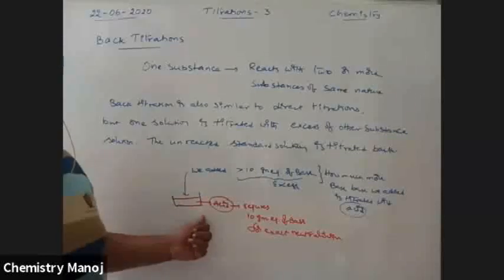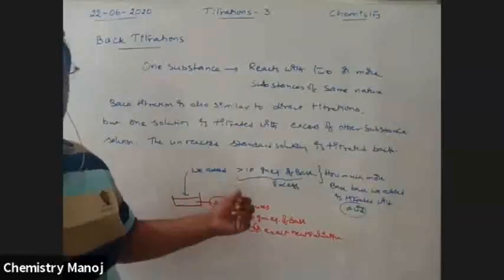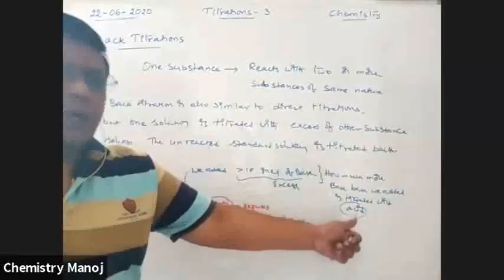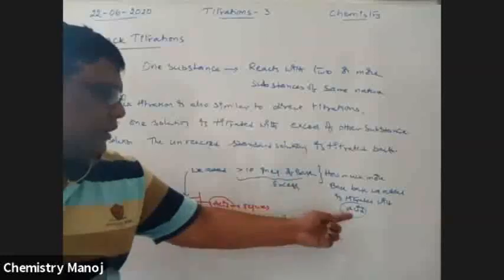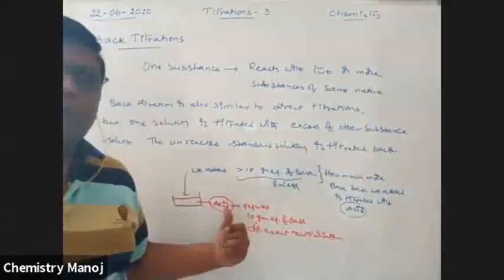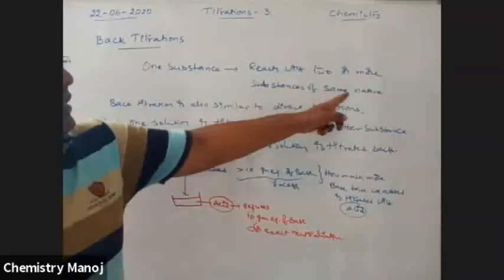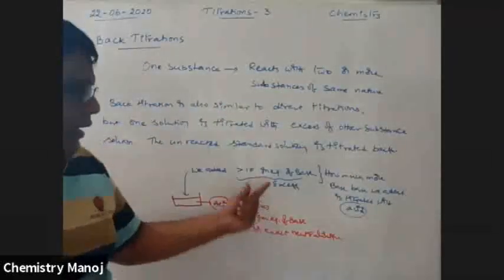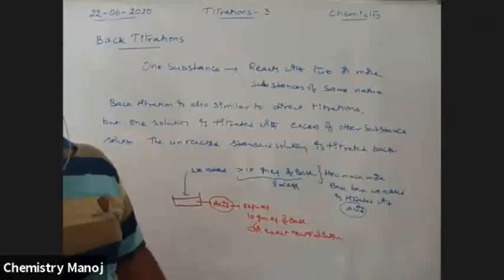Unexpectedly more base is added, and that extra base is titrated once again against acid. So one substance is titrated with two or more substances of the same type. Here base is titrated with the same type of acid.